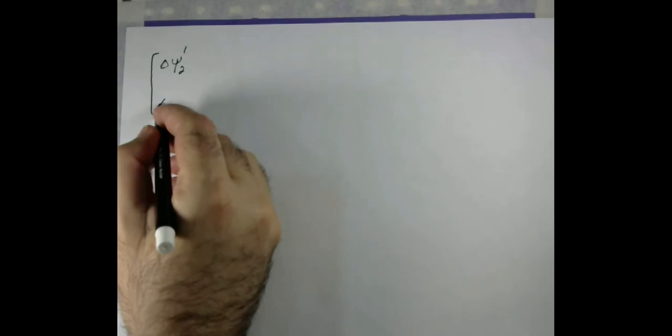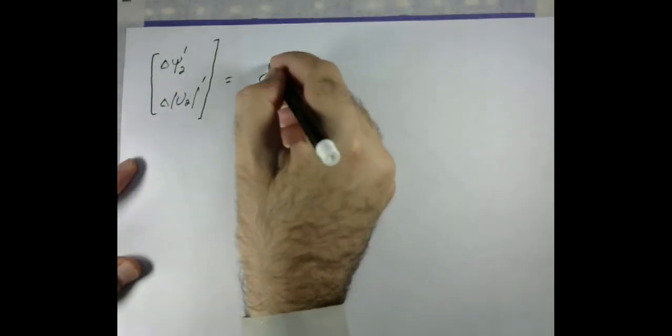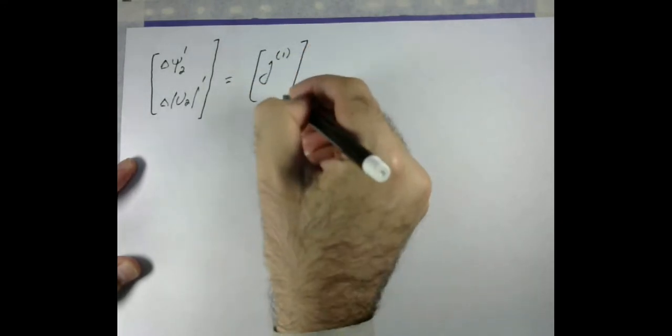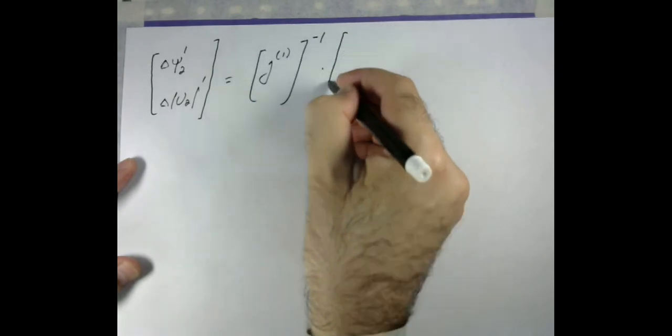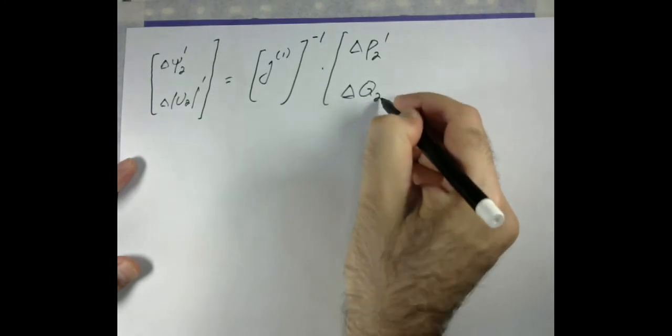The error, delta psi 2^1 and delta u2^1, will be equal to the Jacobian inverse into the power mismatches, delta p2^1 and delta q2^1.